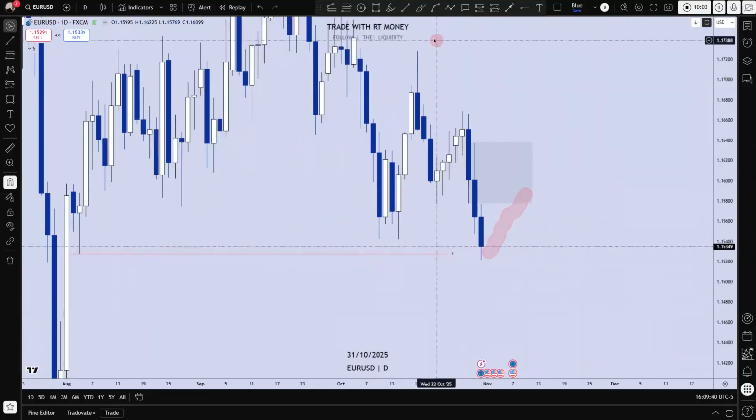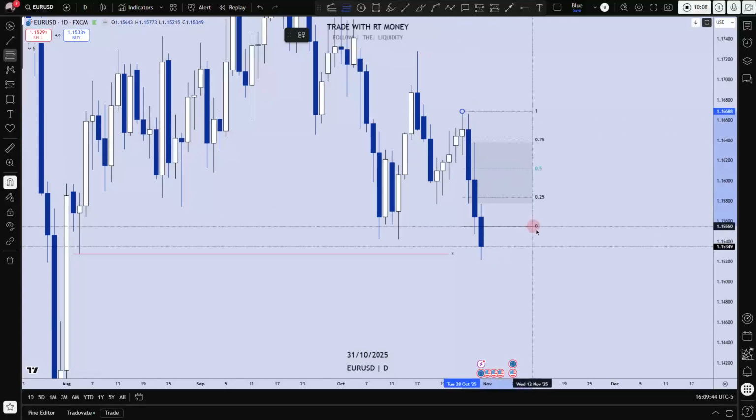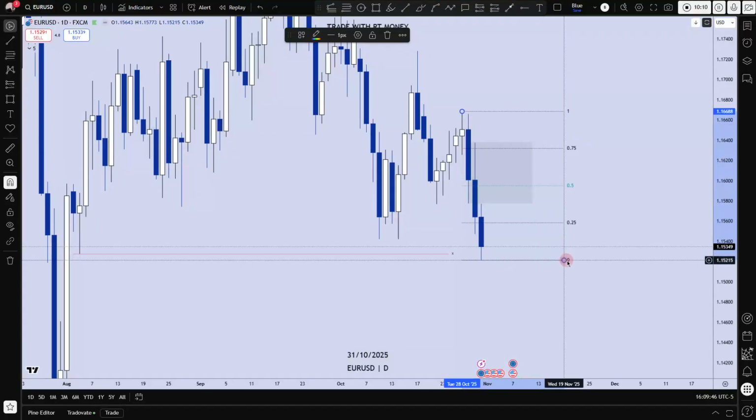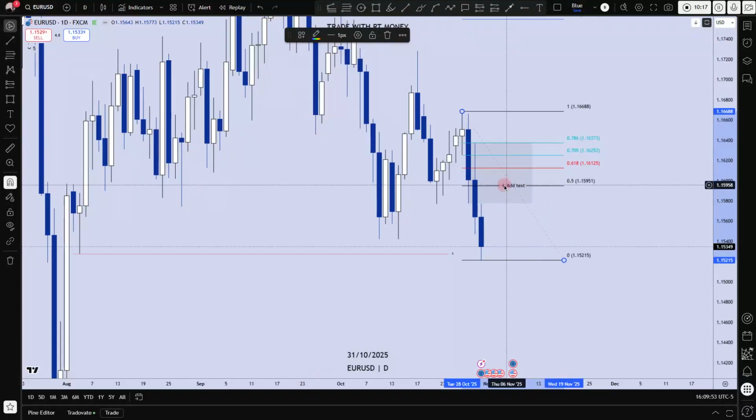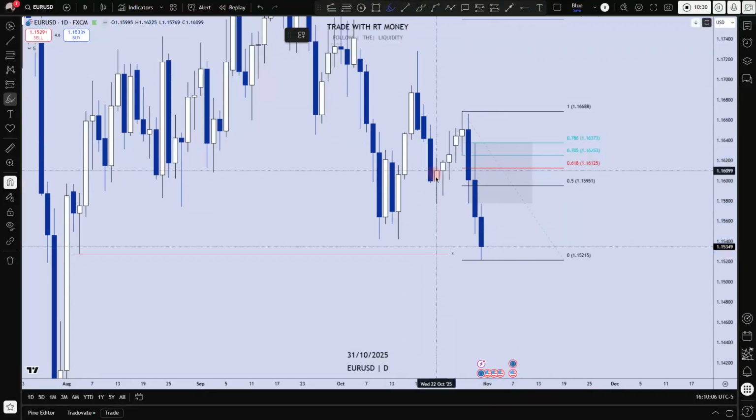And if we put our Fibonacci retracement tool on the high of this move to the low of that move, I'm looking for prices to come up to the 50%, and that's right at these buy to sell wicks. I'm looking for price to come up somewhere around here. This would make sense to me right around this area, between the 50 and 618.